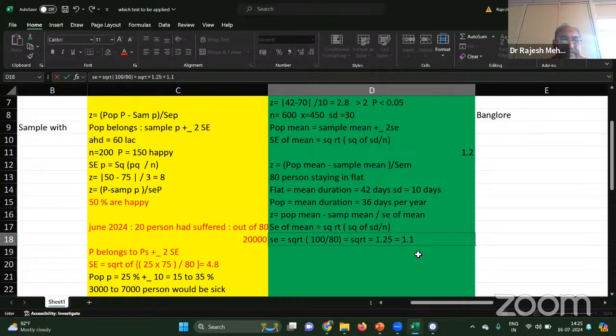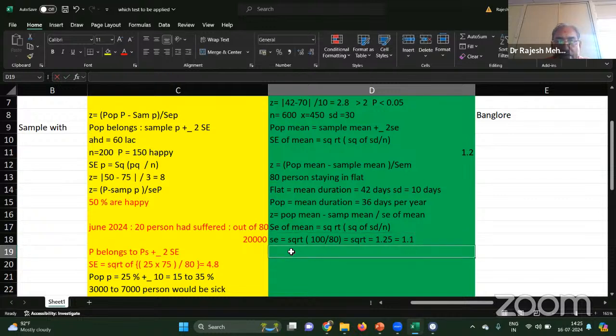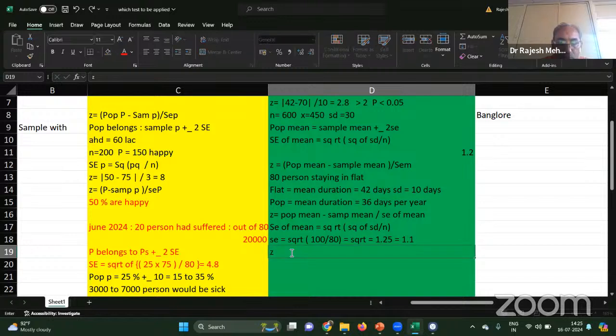Now in this case, if you want to find out Z, that means Z equals, here the population mean is 36 days, 36 days minus the sample mean 42 days, divided by the standard error of mean.